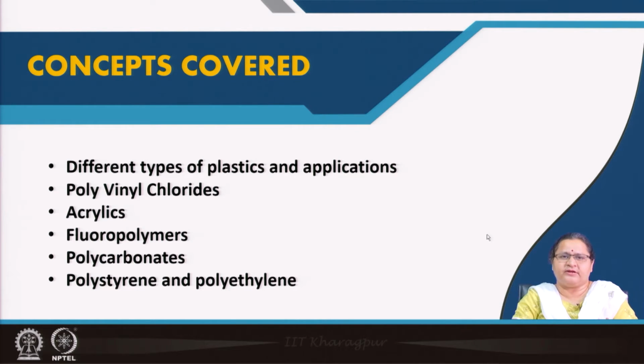So, we will try to cover the polyvinyl chlorides, which is the third most used plastic material in this industry. We have acrylics, we have fluoropolymers, the polycarbonates, polystyrene and polyethylenes. So, we will try to find the specific properties that make it usable for the particular purpose.